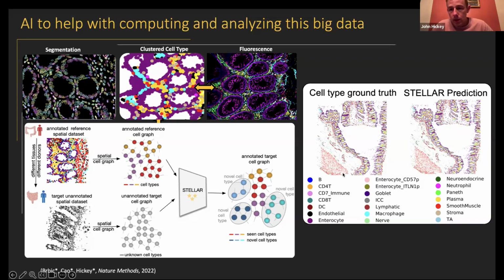What these algorithms can do is, you can see here's a ground truth of what the cell types are. Each individual dot is a cell within the intestine. If we leave this out, train on this data and then predict, we can see we get good concordance with our predictions. So AI plays a big role in helping us go from a pretty picture to quantified information that we can do something with.